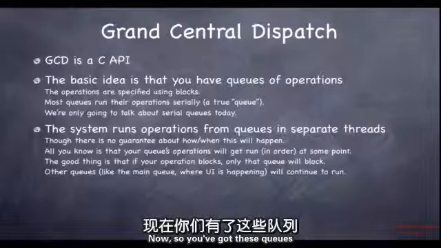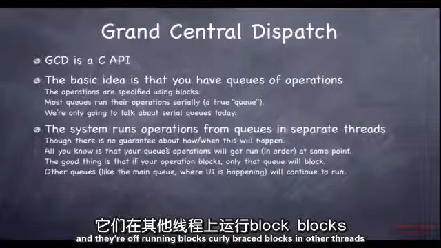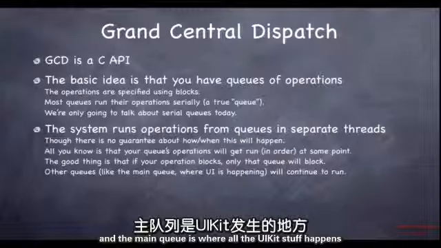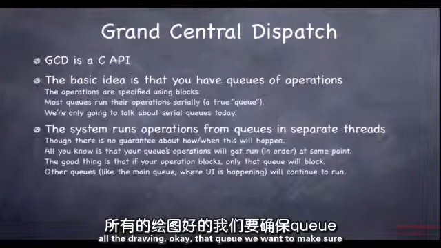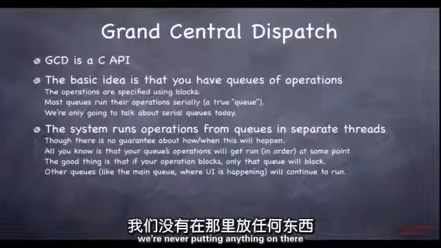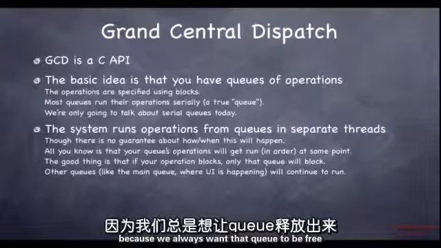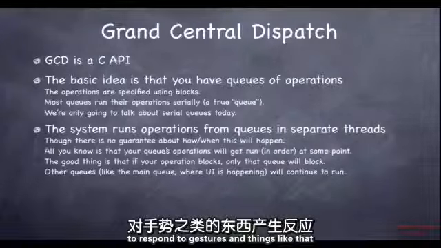Now, you've got these queues, and they're off running blocks, curly braced blocks, in other threads. But you also have this main queue. And the main queue is where all the UIKit stuff happens, all the drawing. We want to make sure we're not ever putting anything on there that doesn't have to do with UI, because we always want that queue to be free to respond to gestures and things like that.